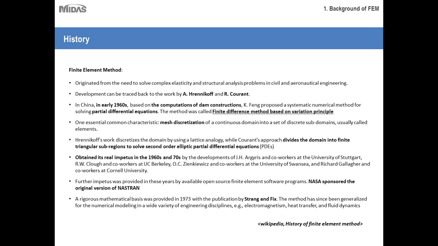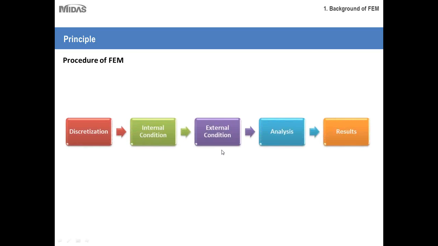So let's move on to the principles of finite element method. For this, it is very essential that you understand the basic procedure, or rather the backbone, of the finite element method. There are 5 essential steps in the finite element method.